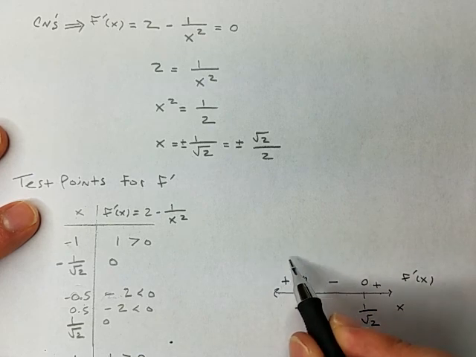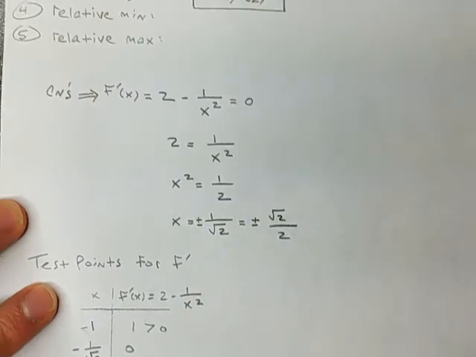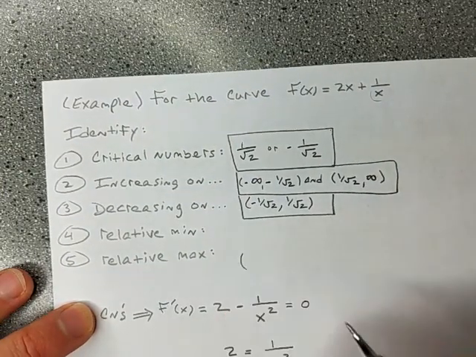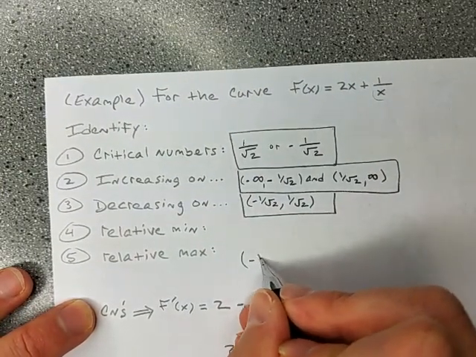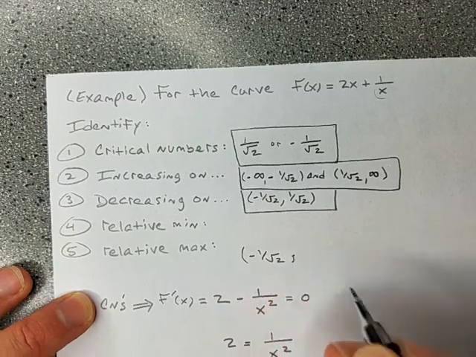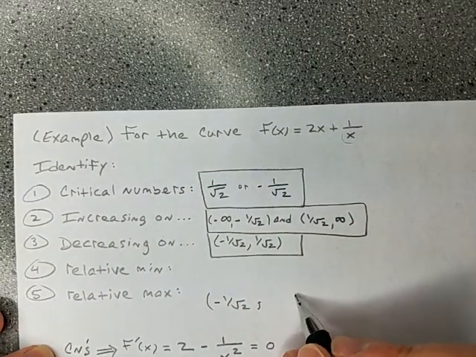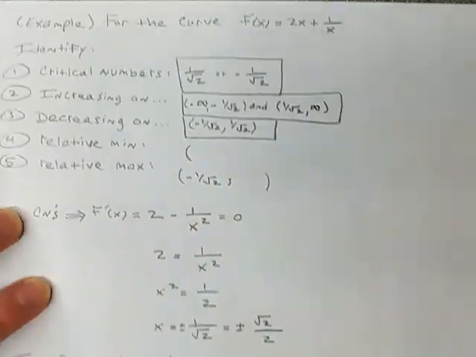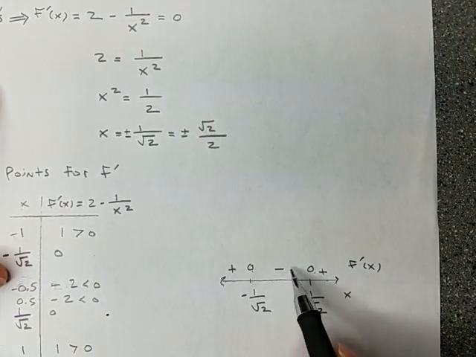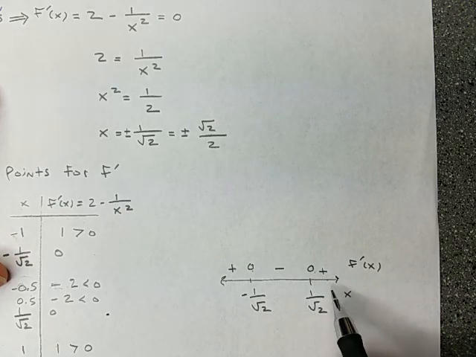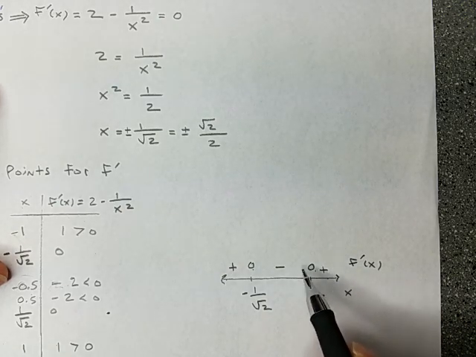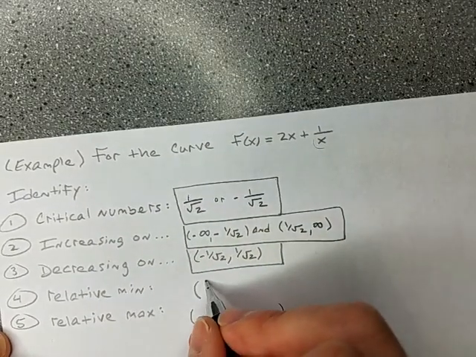Right there, that will be a maximum. So we'll say the maximum is going to be at negative 1 over root 2. That's going to be the x-coordinate of the maximum. And then the minimum is going to be right here. That's going to be the y-coordinate. Or sorry, that's going to be the x-coordinate of the minimum. Okay? So 1 over root 2.